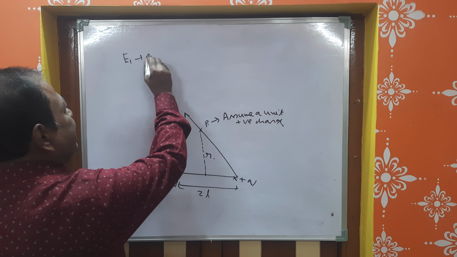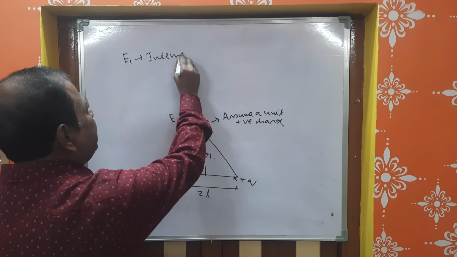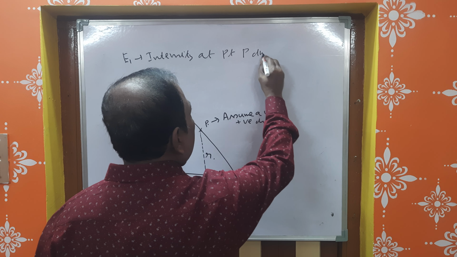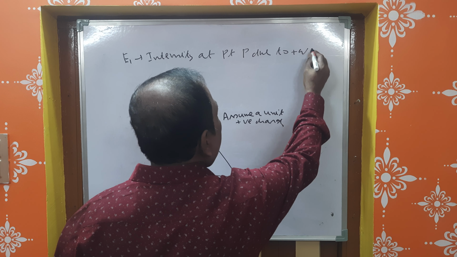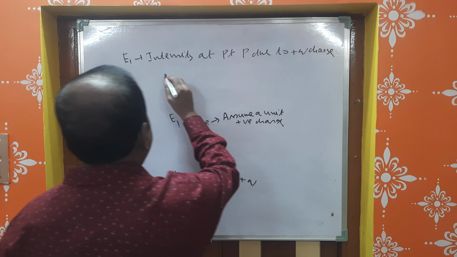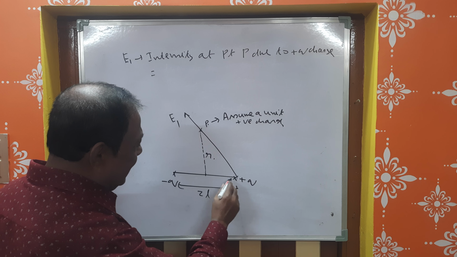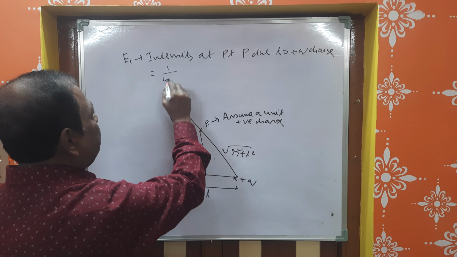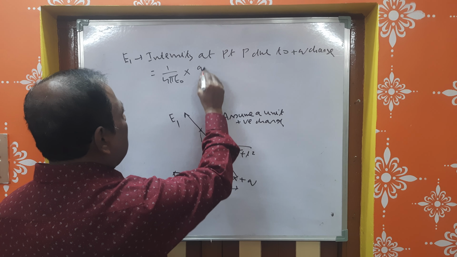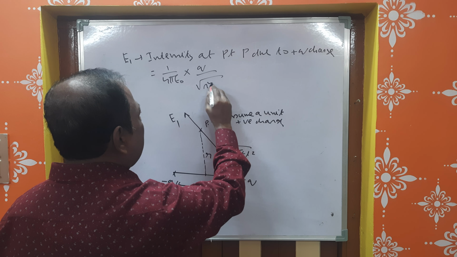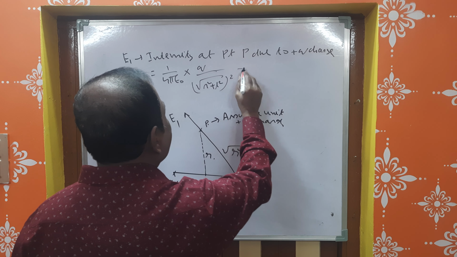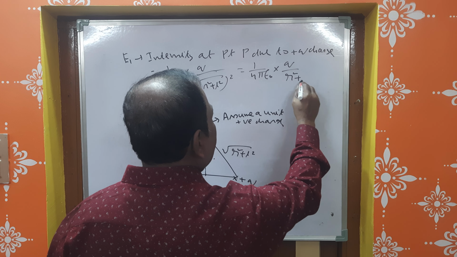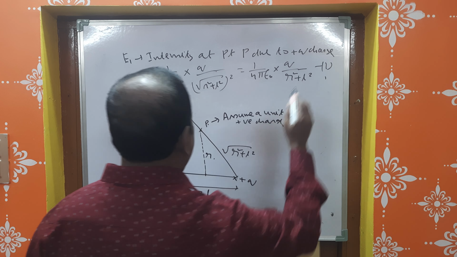E1, the intensity at point P due to plus Q charge, is equal to 1 by 4 pi epsilon naught into Q by root over R square plus L square whole square, that is 1 by 4 pi epsilon naught into Q by R square plus L square. That is equation number 1. I think all of you are clear?